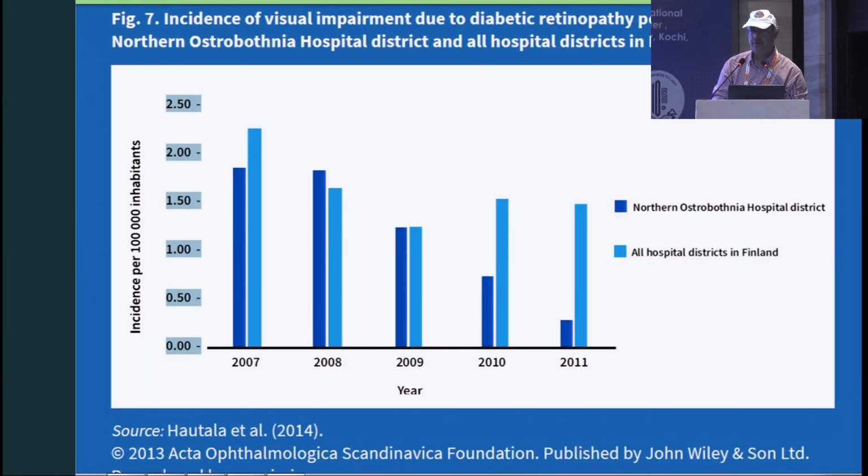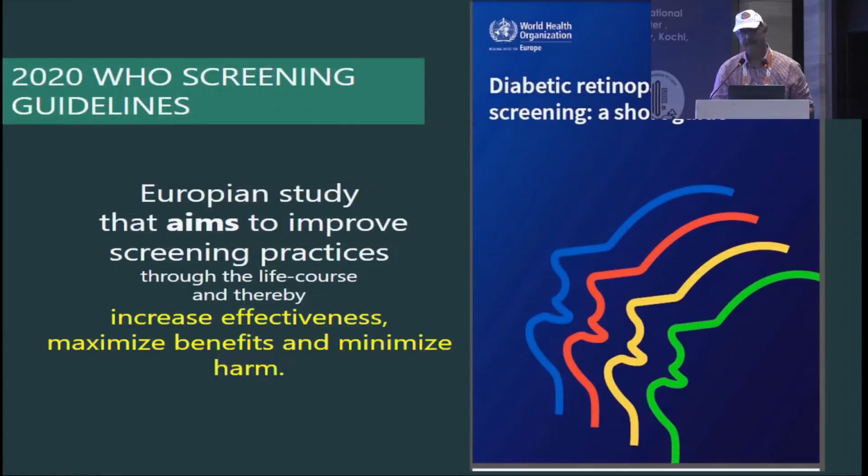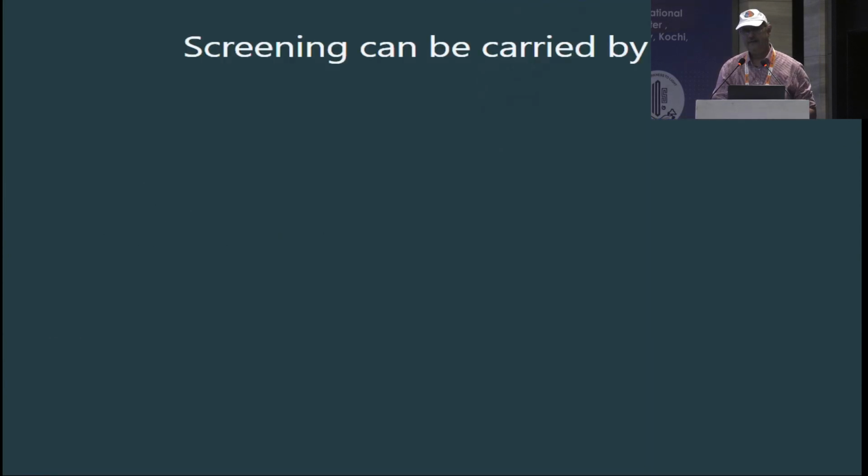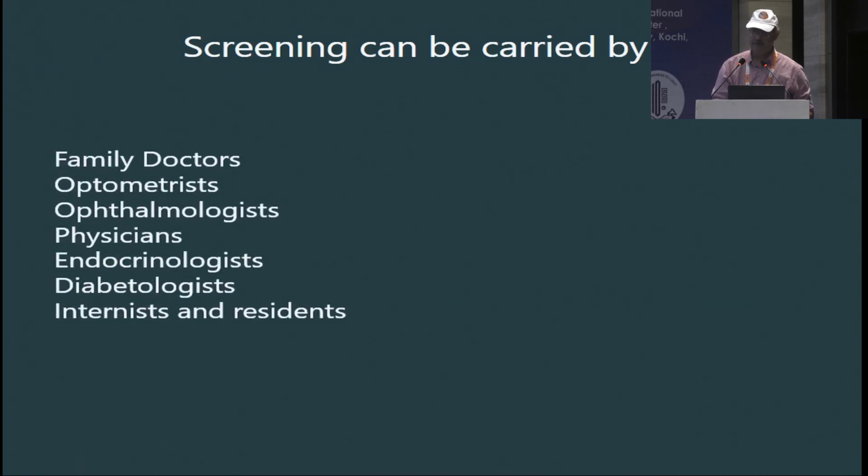What has been shown is that if we do a screening of diabetic retinopathy, then preventable blindness or the blindness induced problems will go down significantly. In 2020, interestingly, WHO guidelines have come for screening, and what they are saying is very interesting. WHO is telling that screening can be carried out by family doctors, optometrists, ophthalmologists, physicians, endocrinologists, internists, residents.